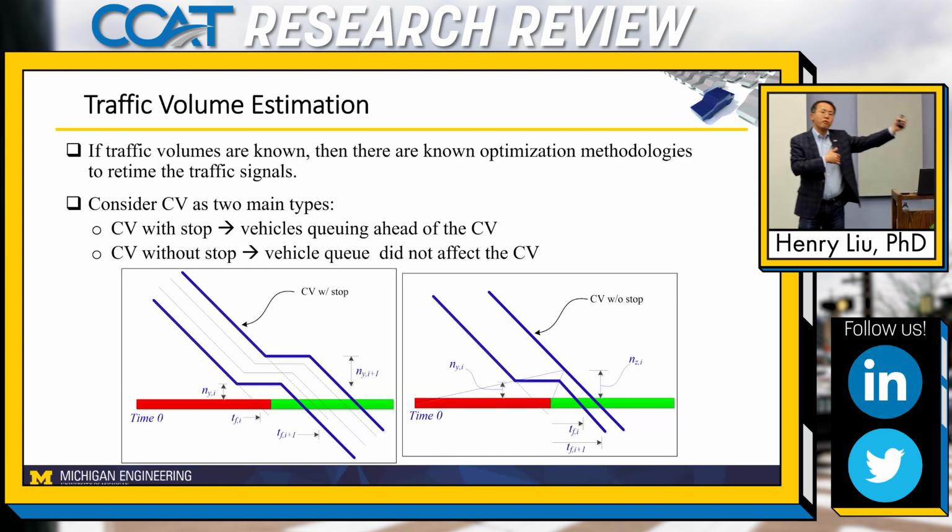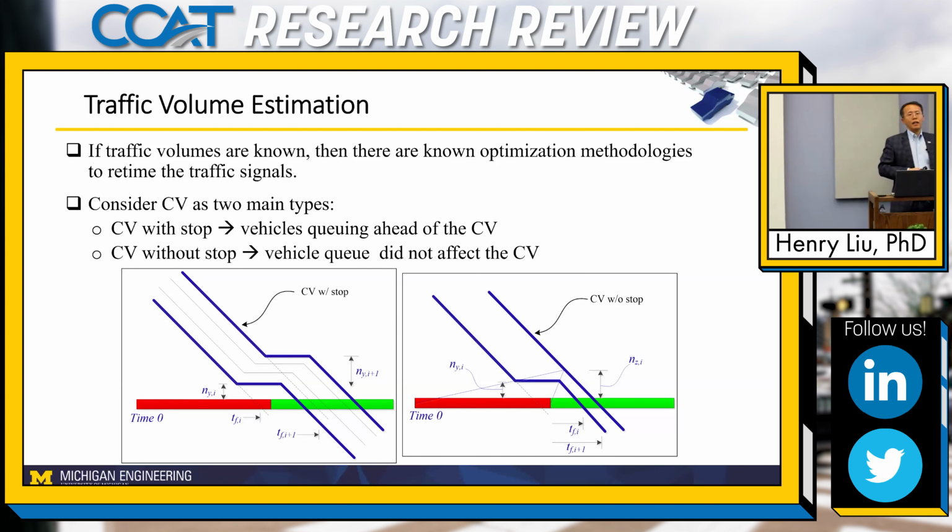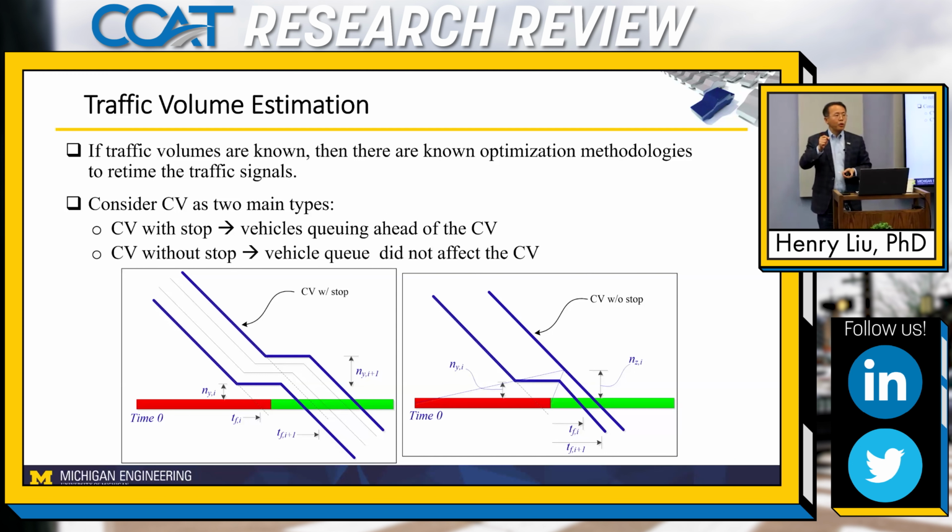So that's volume information. If a vehicle passes by without a stop, I know the maximum queue has not reached that point yet. So all of these are information related to volume.